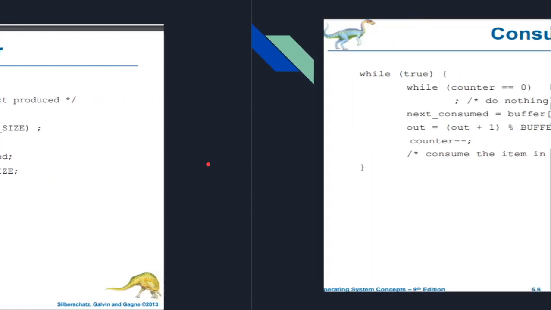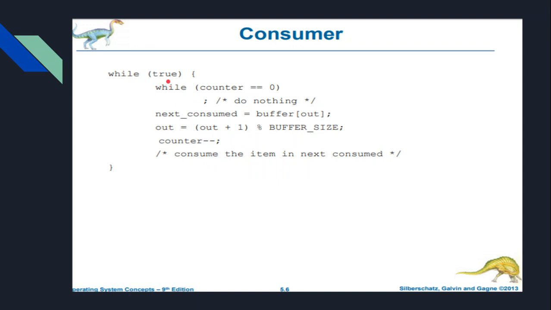Next one is the consumer side. The consumer is really the opposite. Here the while loop is an infinite loop, where next consumed is buffer of out. There we saw buffer of in, that means putting inside the buffer. This buffer of out is taking out of the buffer, that means we are consuming some data, and that is equal to next to consume. Then out becomes out plus 1 modulo buffer size.